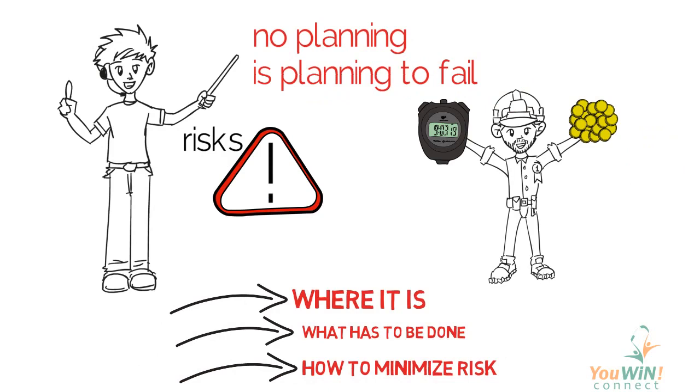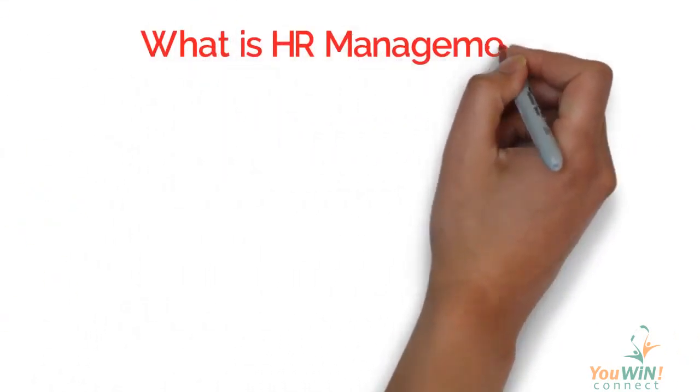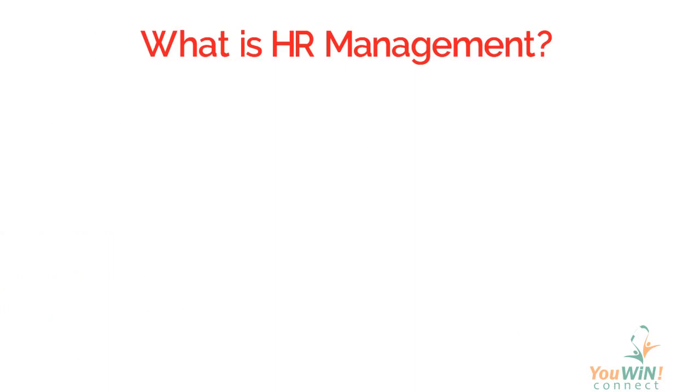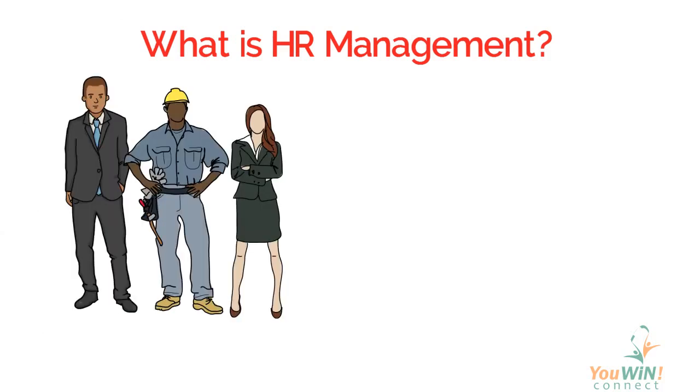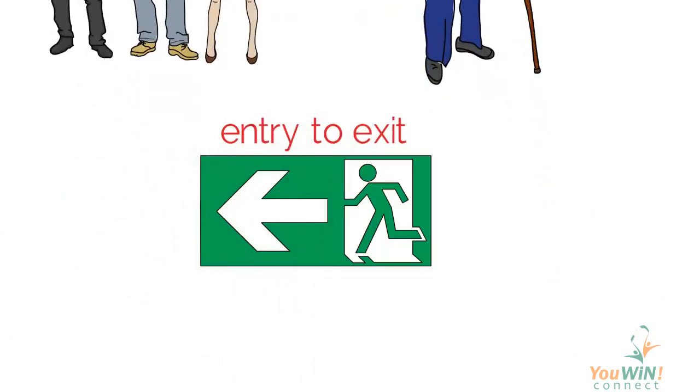Now that we have an understanding of what HR planning is, what then do we mean by HR management? HR management is concerned with the management of employees from recruitment to retirement or from entry to exit.